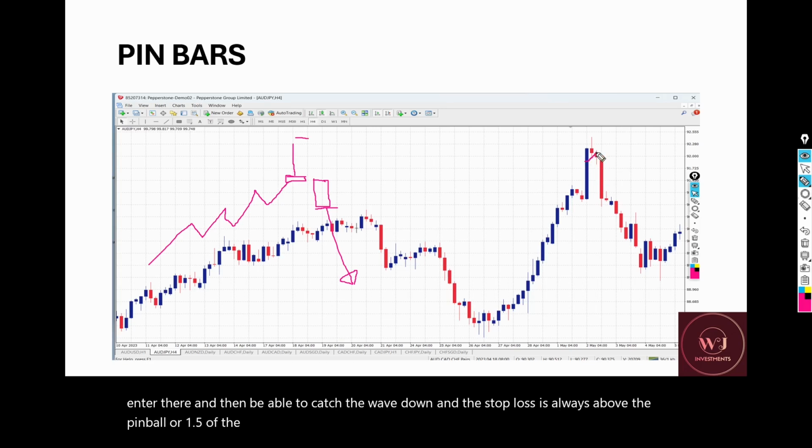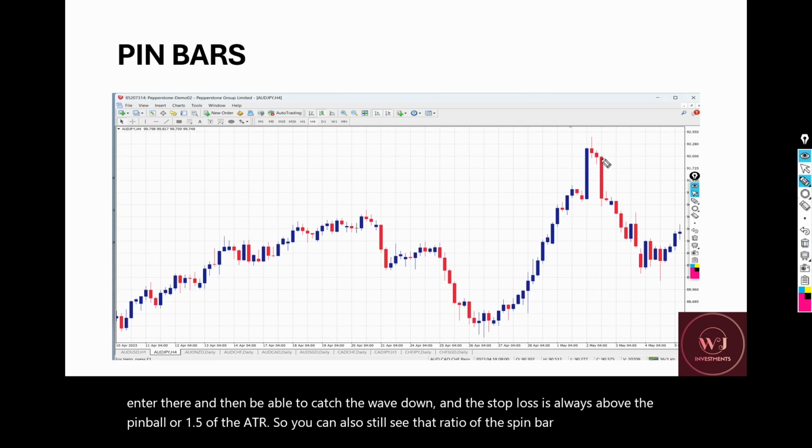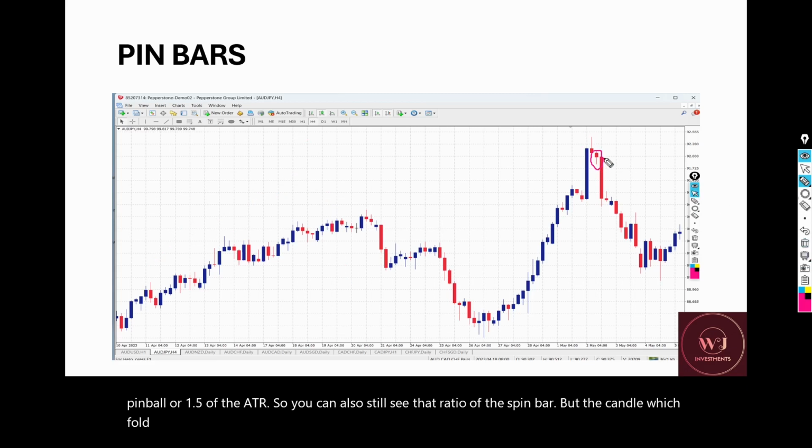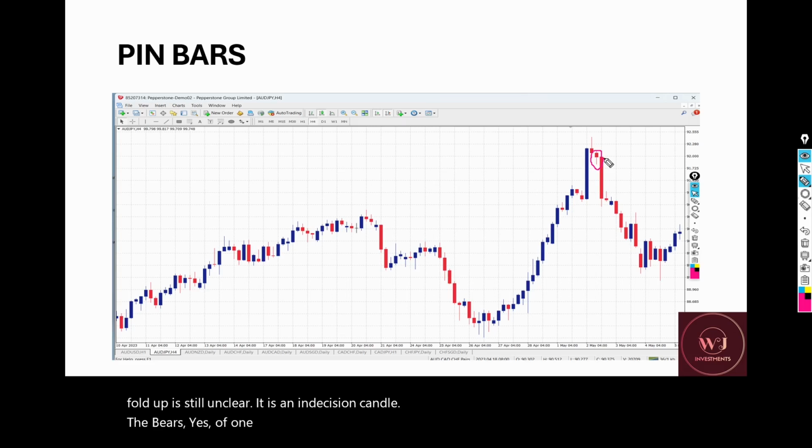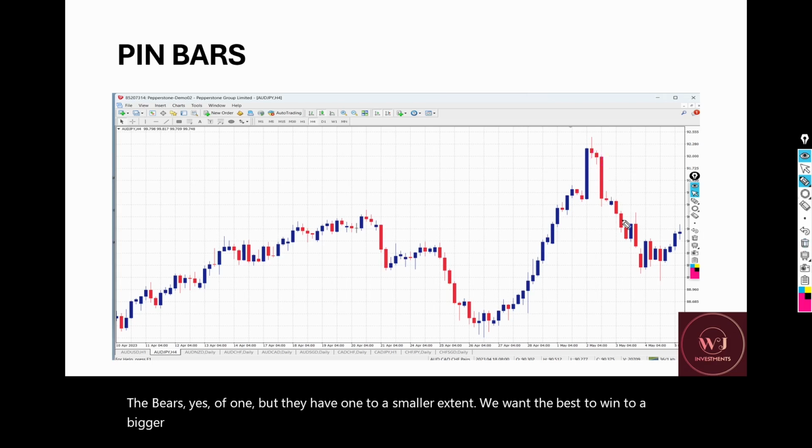You can also see that right here you have this pin bar, but the candle which followed is still unclear. It is an indecision candle. The bears, yes, have won, but to a smaller extent. We want the bears to win to a bigger extent, so we have to wait, and after waiting, we get this big bearish candle.